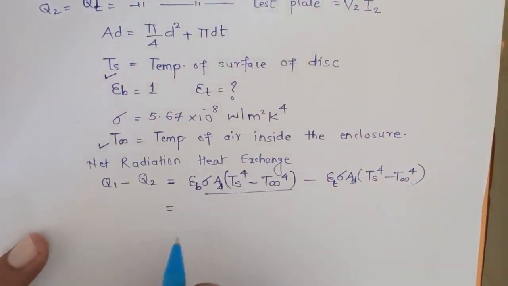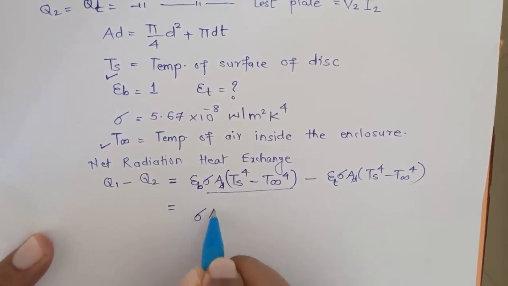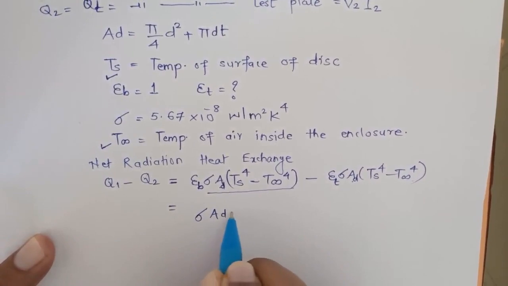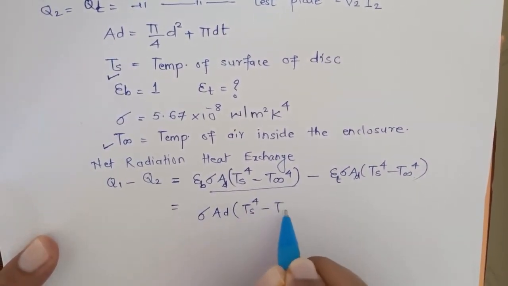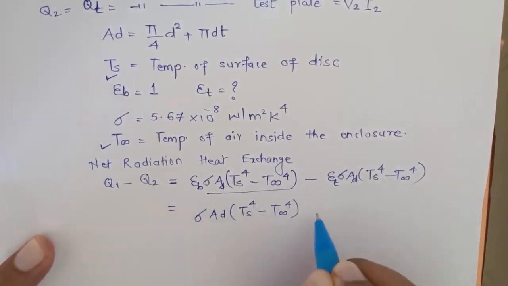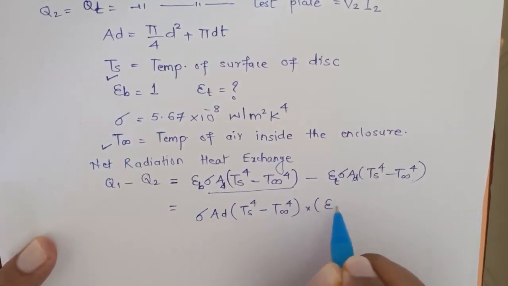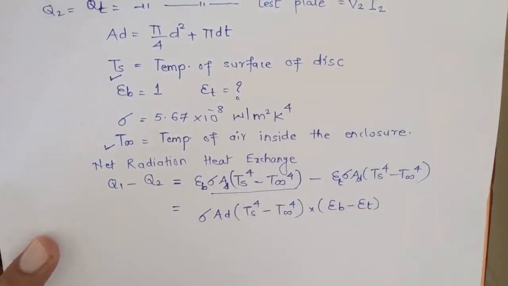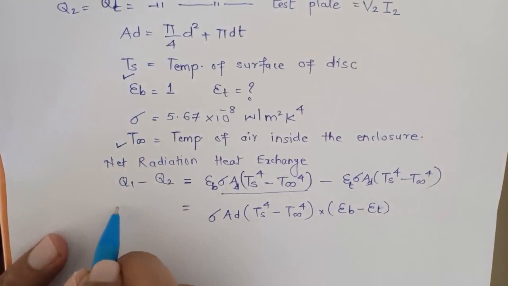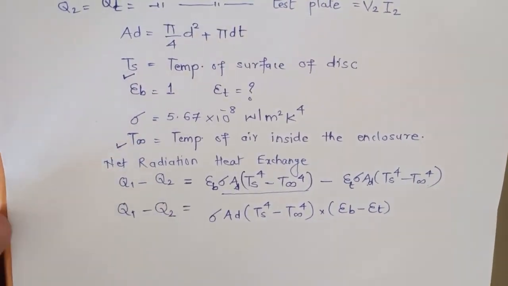So when we take it as a common parameter, what do we get? We get sigma, area of the disk, multiplied by Ts raised to power 4 minus T infinity raised to power 4, all common, multiplied by the emissivity of the black surface minus the emissivity of the test surface. This is nothing but Q1 minus Q2 on the left hand side.